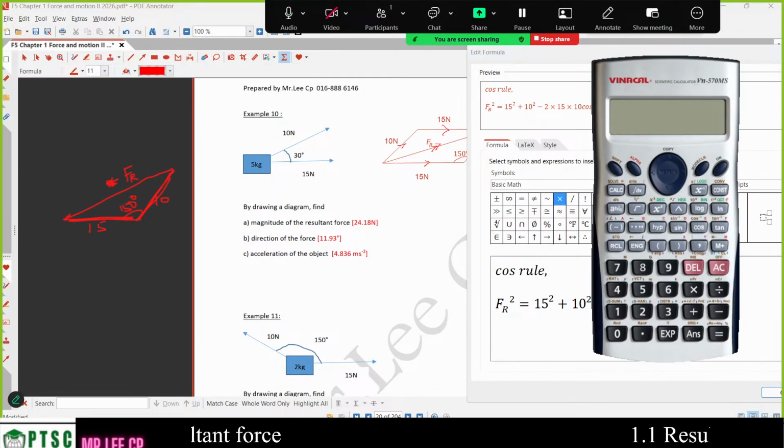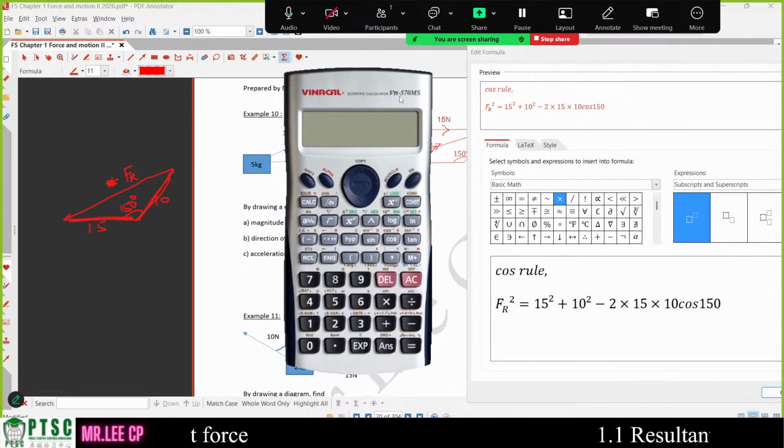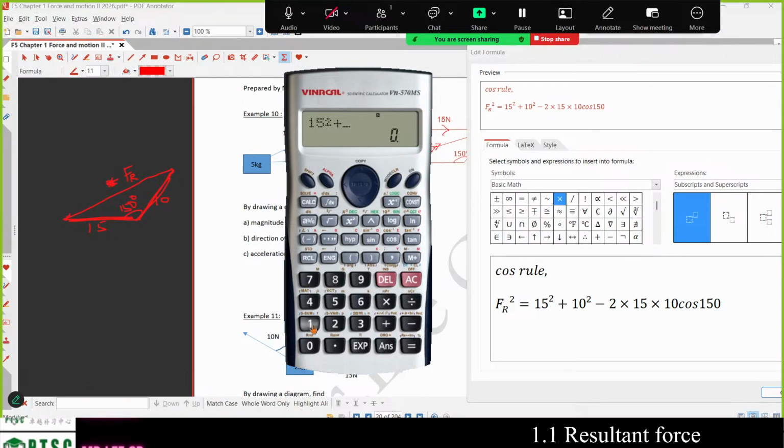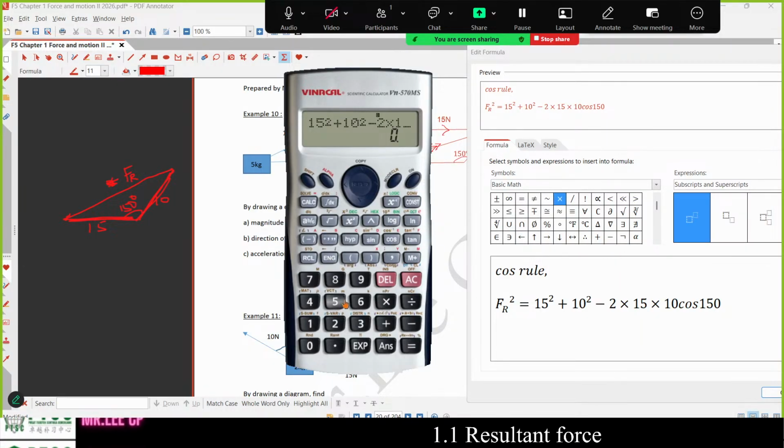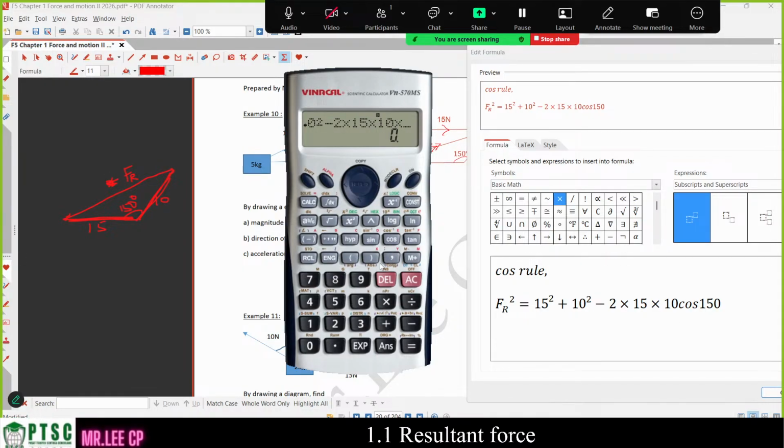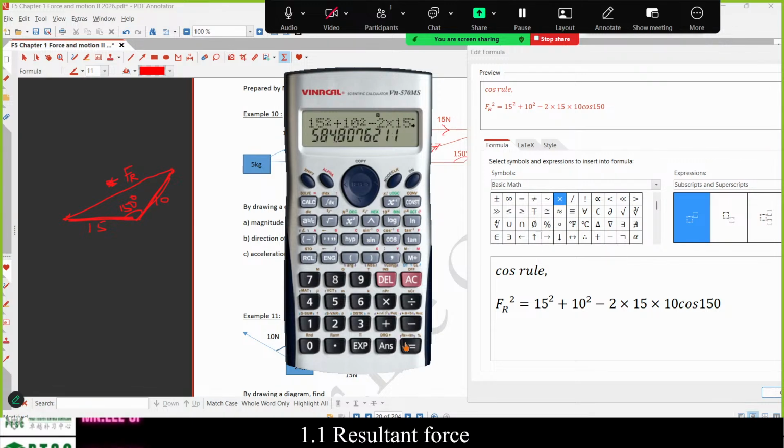So you press in the calculator: 15 squared plus 10 squared minus 2 times 15 times 10 times cos 150, equals.